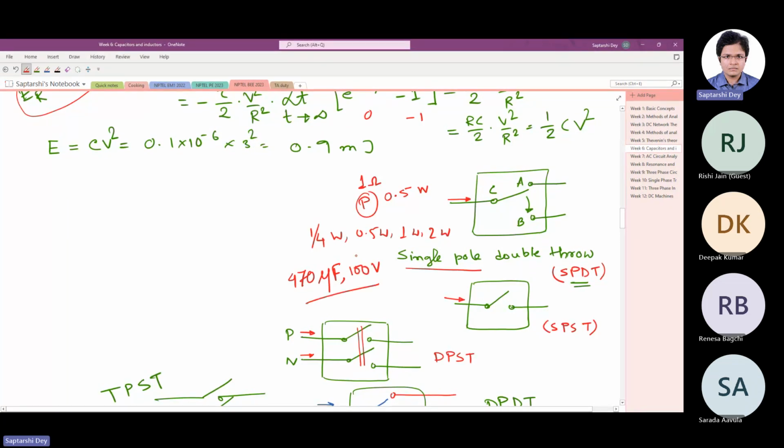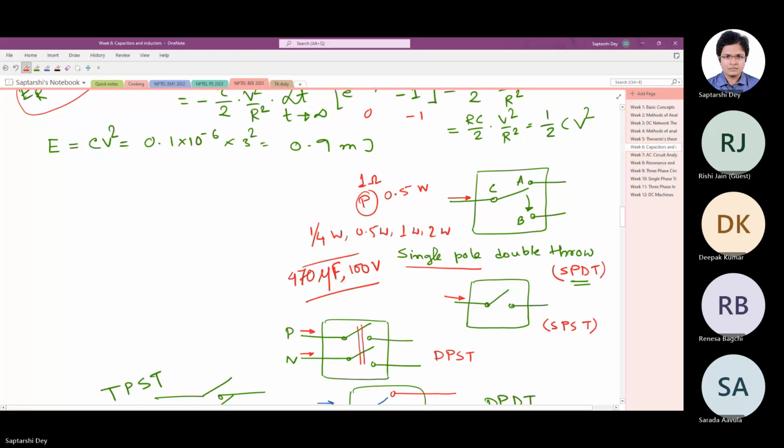Then only the shopkeeper can give you a capacitor. So when you are designing circuits, you have to also find out how much power loss is there in the resistance, and in that way only you can buy or make your BOM, bill of materials, for the circuit that you are going to make.